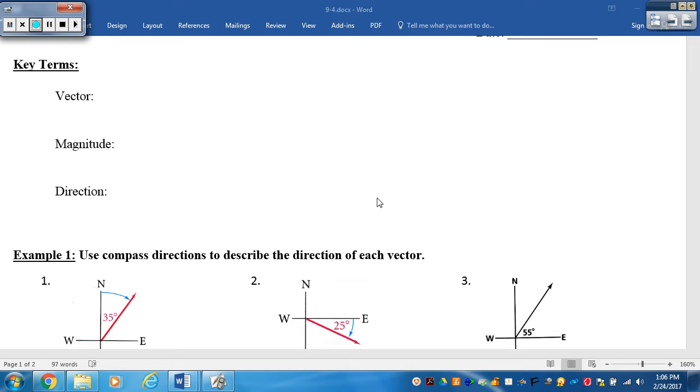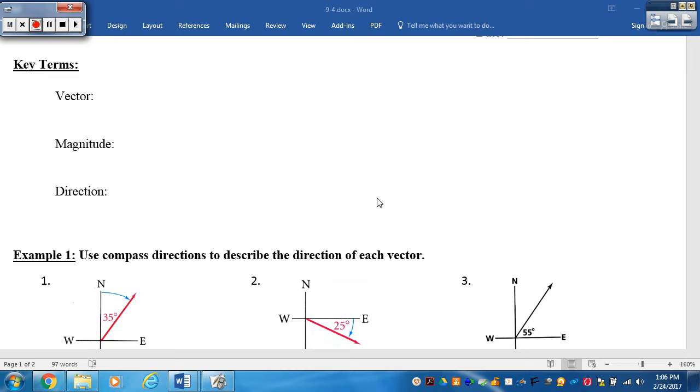Now, maybe I should clarify why I had you put size in parentheses. The length of a vector, which is an actual ray, as we show it in our work over the next couple of days, the longer that vector is, the greater the magnitude that vector has. So if you have a short little ray, that means not very much magnitude. If you have a long ray, that means it has a strong magnitude.